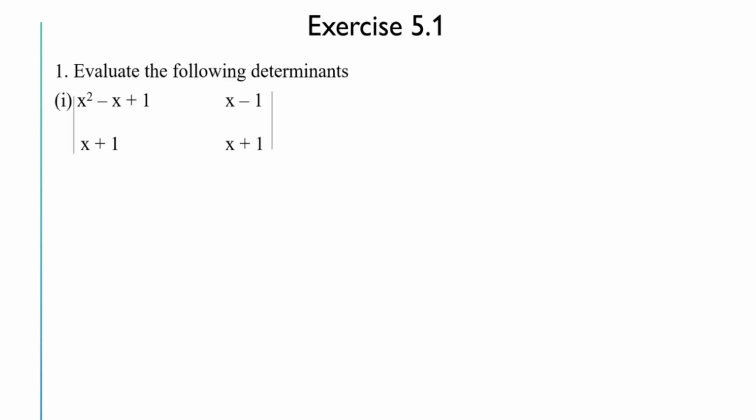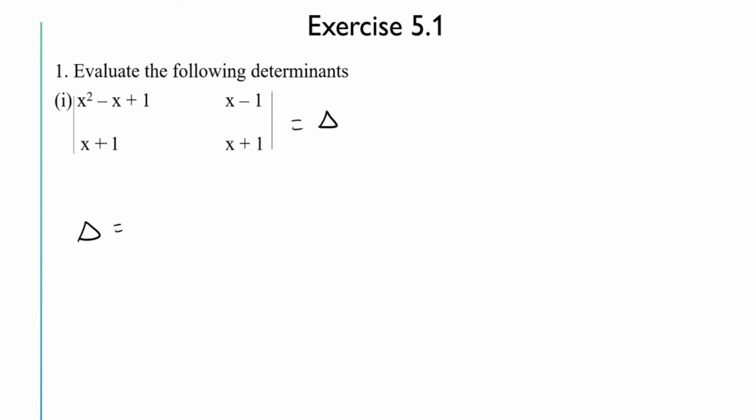Now we will solve the exercise question from exercise 5.1, chapter 5 determinants of applied mathematics by M.L. Agarwal. So here evaluate the following determinants. Let us take this as equal to delta. So this is the determinant of a 2 by 2 matrix.